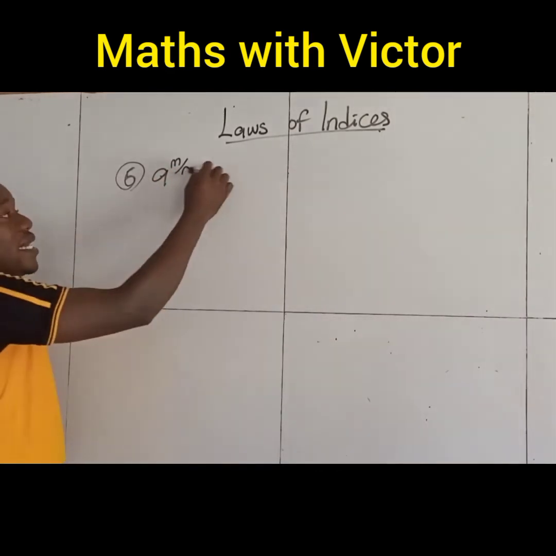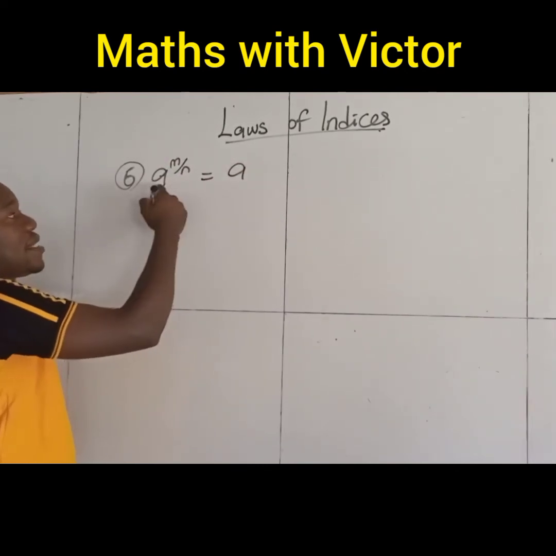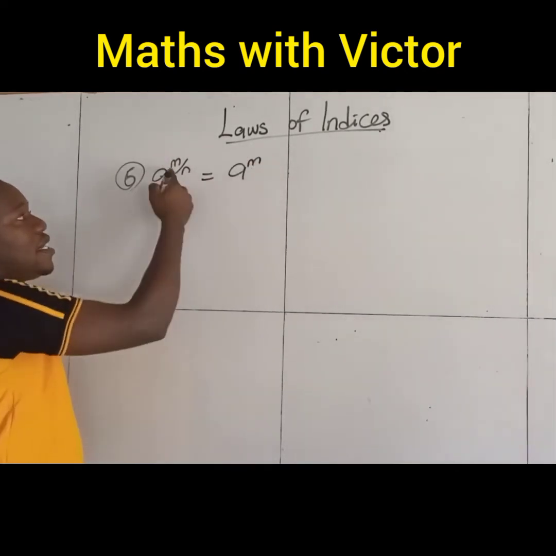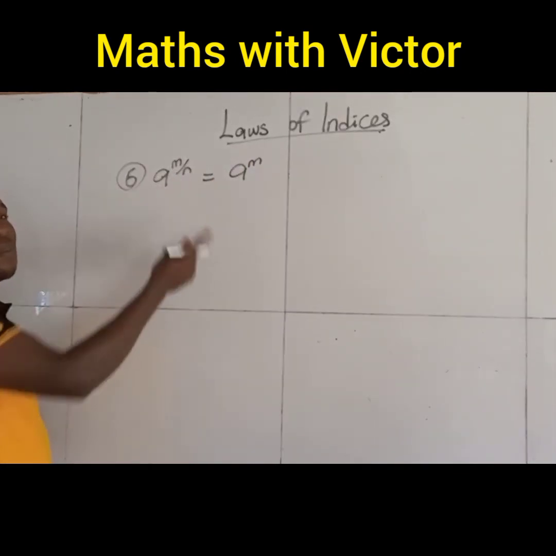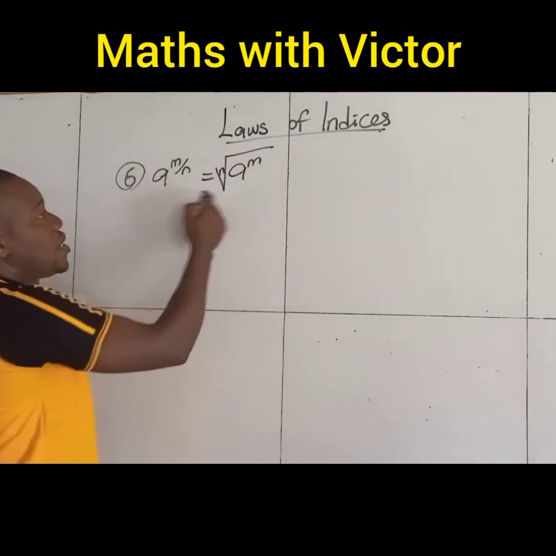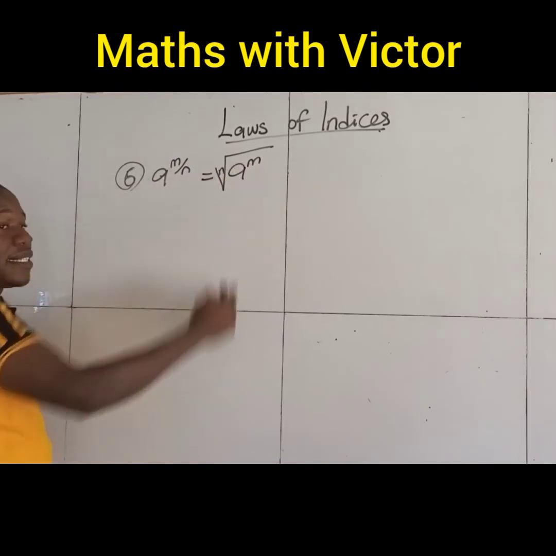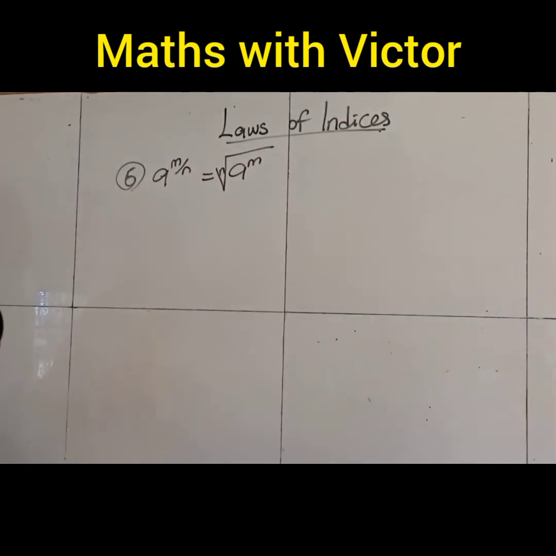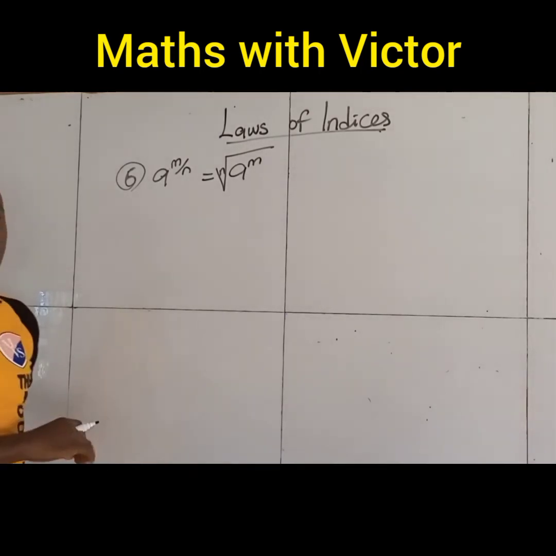This law states that the numerator remains the power, so this is still a raised to the power m. The denominator becomes the root, so this is the nth root. n becomes the root, m remains as the power. Very important.